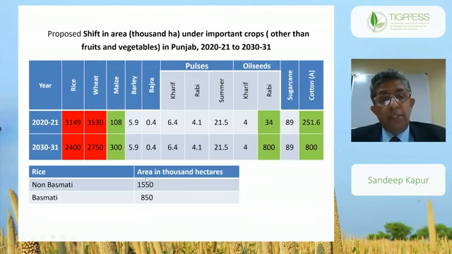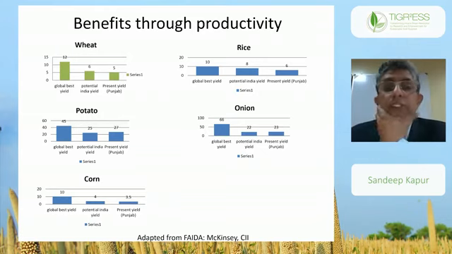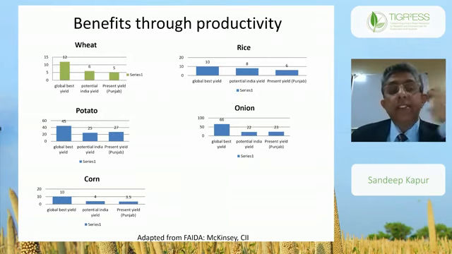And within this, we want more of the non-basmati to go down and basmati to go up by 850,000 hectares.